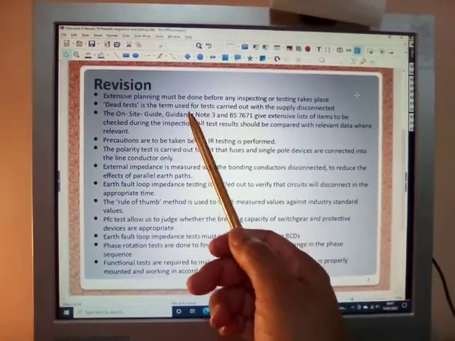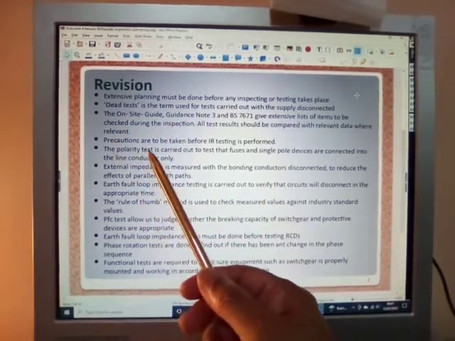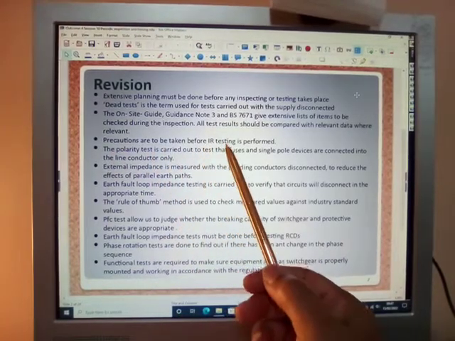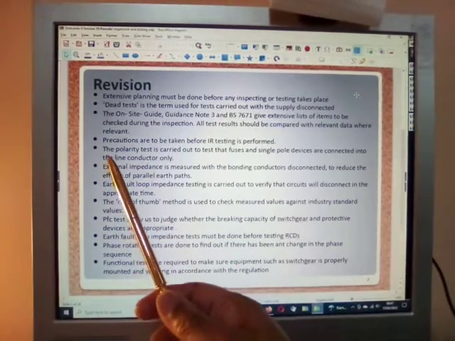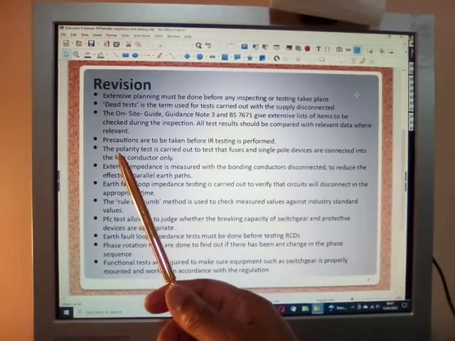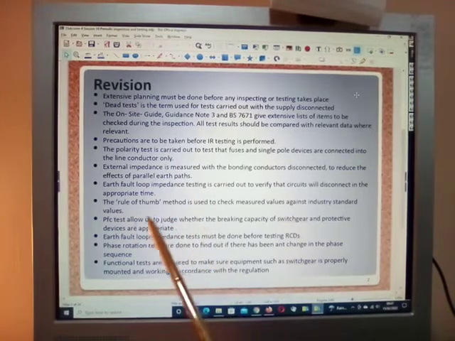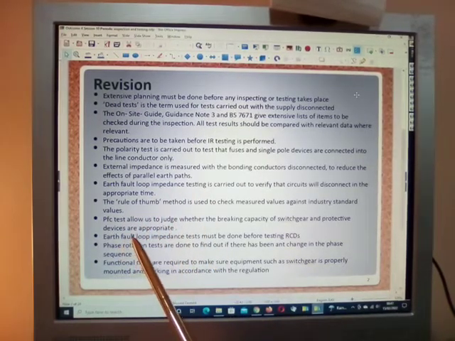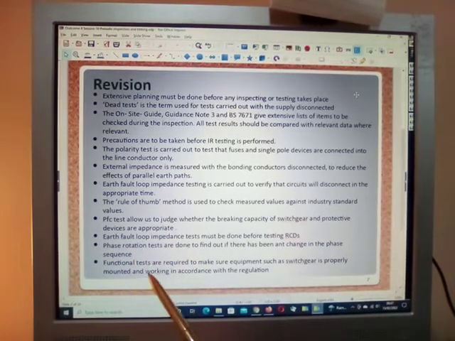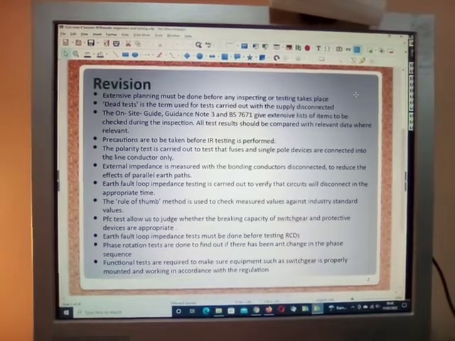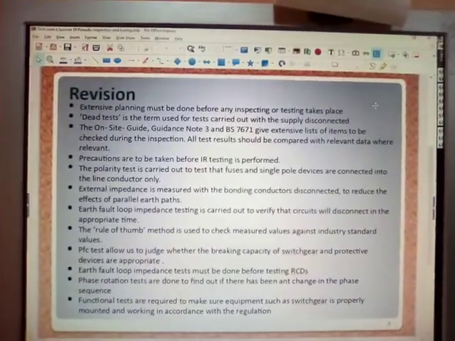Dead test is the term used for tests done on site guide. Precautions are to be taken before IR testing is performed, and you should know what IR testing is by now. If not, look back at the relevant PowerPoints, the polarity test, external impedance, electrode loop impedance, the rule of thumb, PFC test, phase rotation test, functional test, etc. Now I don't need to read them all out to you because you should be able to read this for yourselves completely and in full.